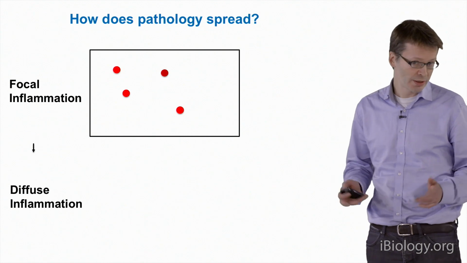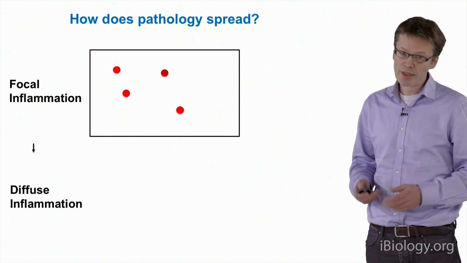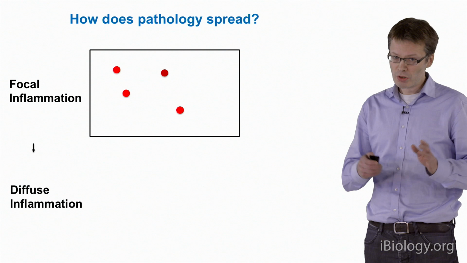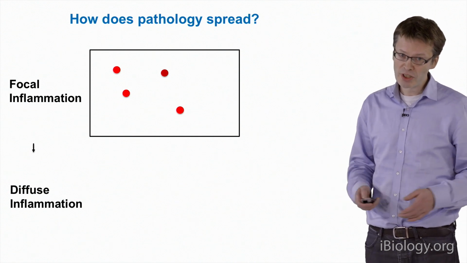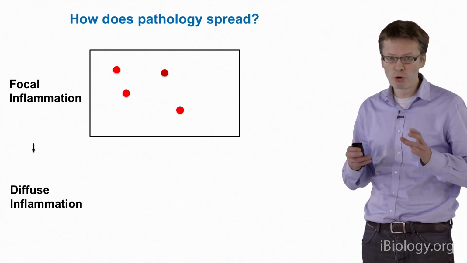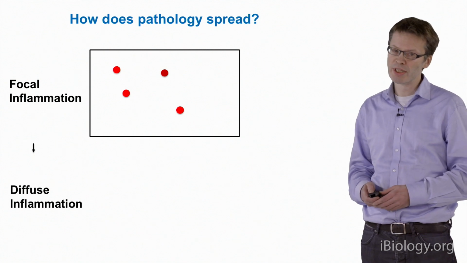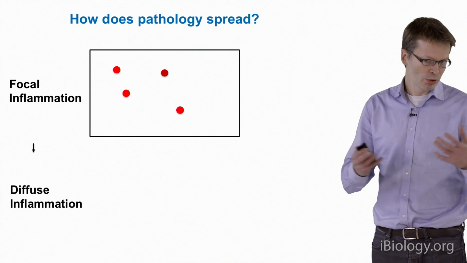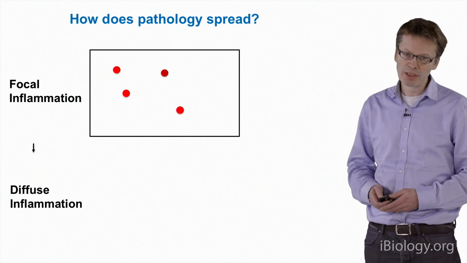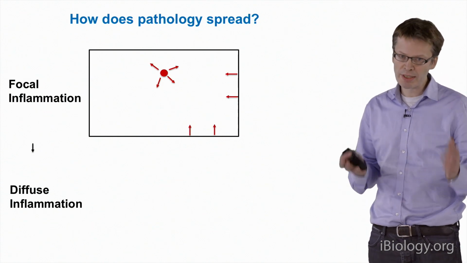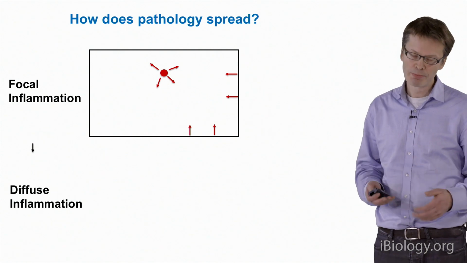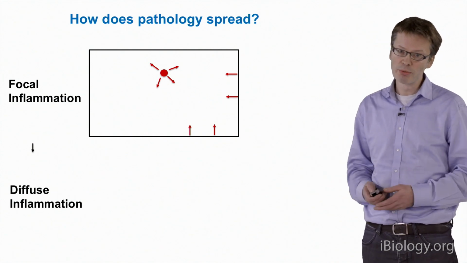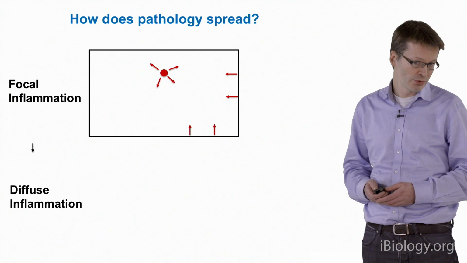I can just present a few ideas here on how the pathology spreads. The box here is the brain, and you have 4 inflammatory lesions within this brain. Some of these lesions may resolve, so the inflammation may disappear over time, while in other lesions the inflammation may persist. And this could serve as a nucleus where immune cells may enter or infiltrate the brain.